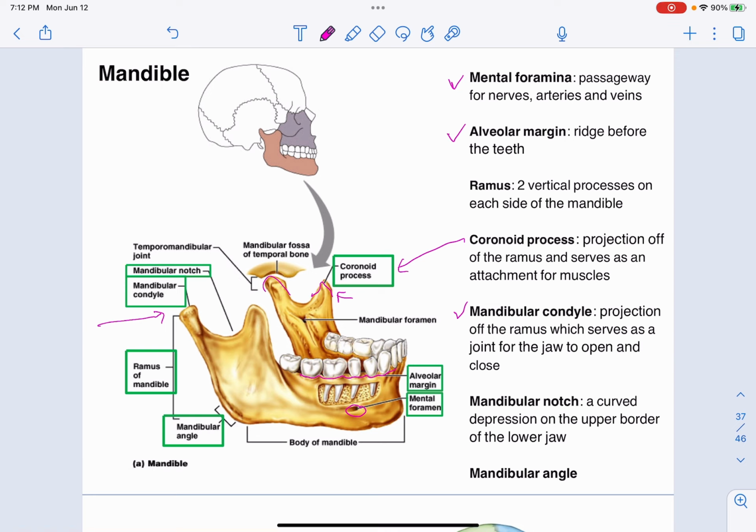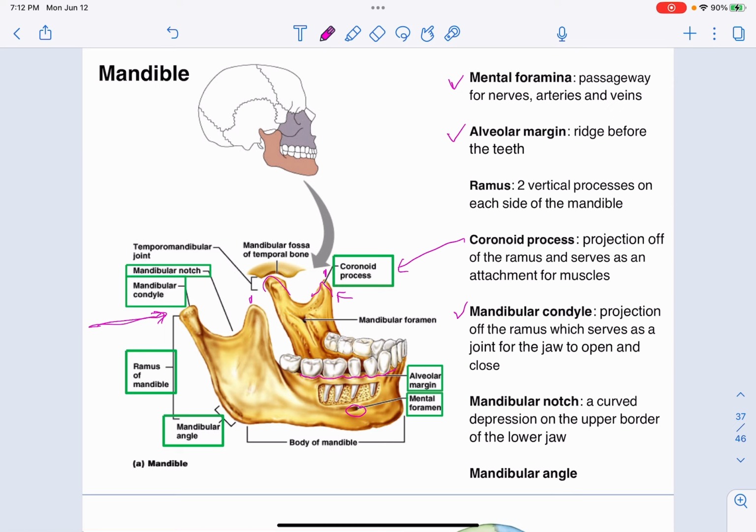So the coronoid process is here and here, and the mandibular condyle is posterior to that. And these are attachment sites, or serve as where the joint is for the jaw to open and close. The coronoid process serves as an attachment site for muscles.